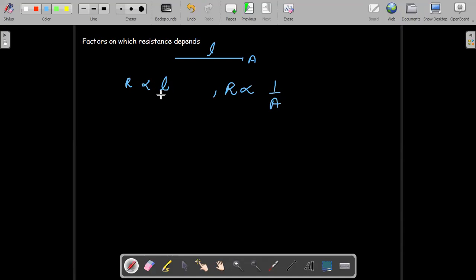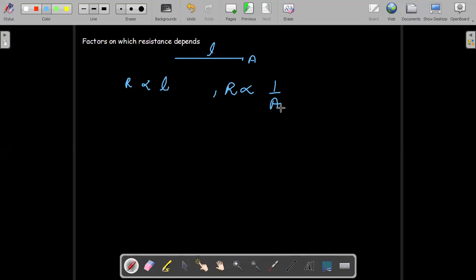So if you increase the length, the resistance also increases. If you decrease the length, resistance also decreases. And it happens inversely with area. So if you increase area, the resistance will decrease. If you decrease area, the resistance will increase. Got it?